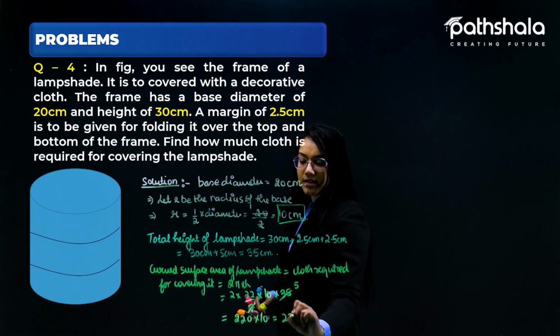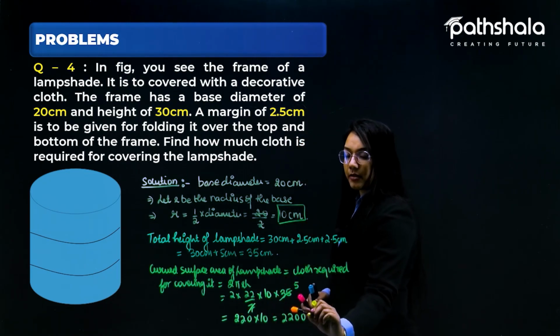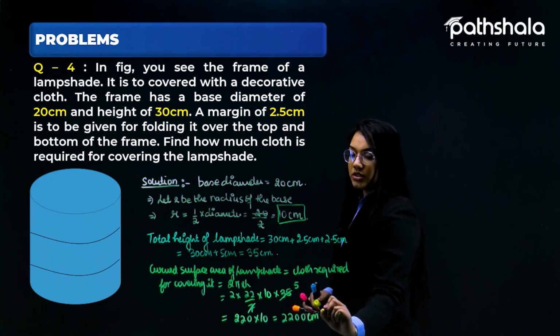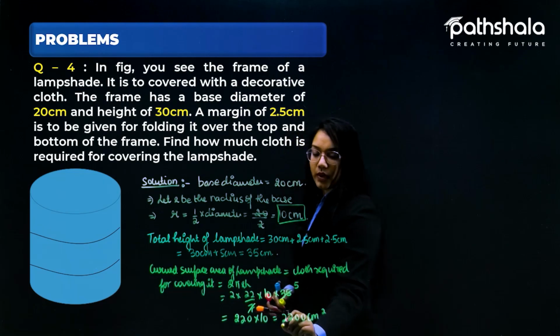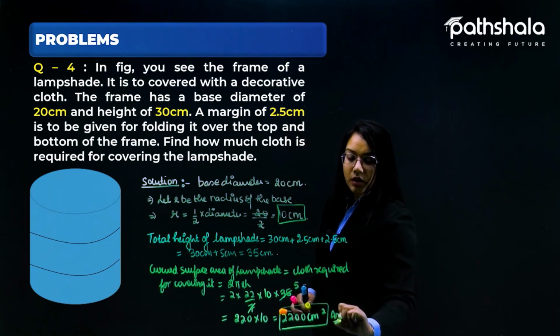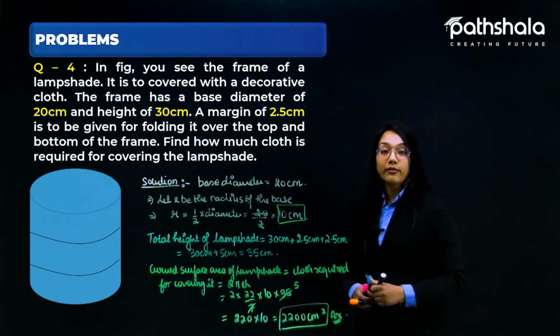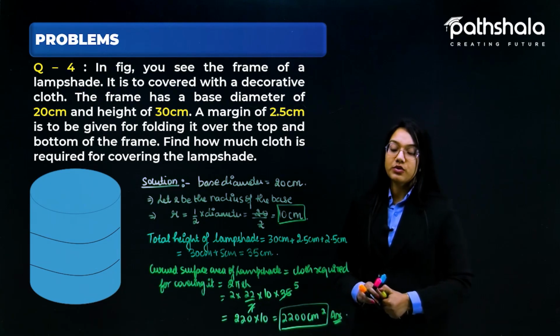So we are getting the answer as 2200, and the unit is centimeter square. So hence the area of the cloth which is required for covering the lampshade is equal to 2200 centimeter square.